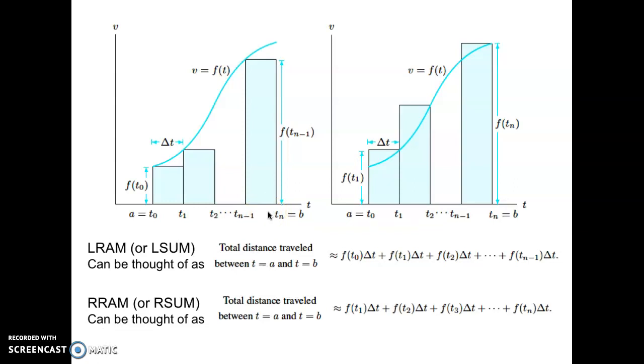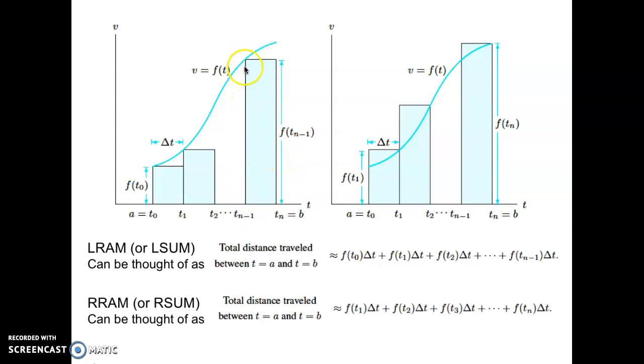This is actually confirmed when we were doing those first rectangles. You could notice that when we're drawing an LRAM, we're touching the curve on the left side. So we use the very first value at a, then each subsequent value except for the one right before b, because notice we don't use the b value when we're talking about the left side of the rectangle.